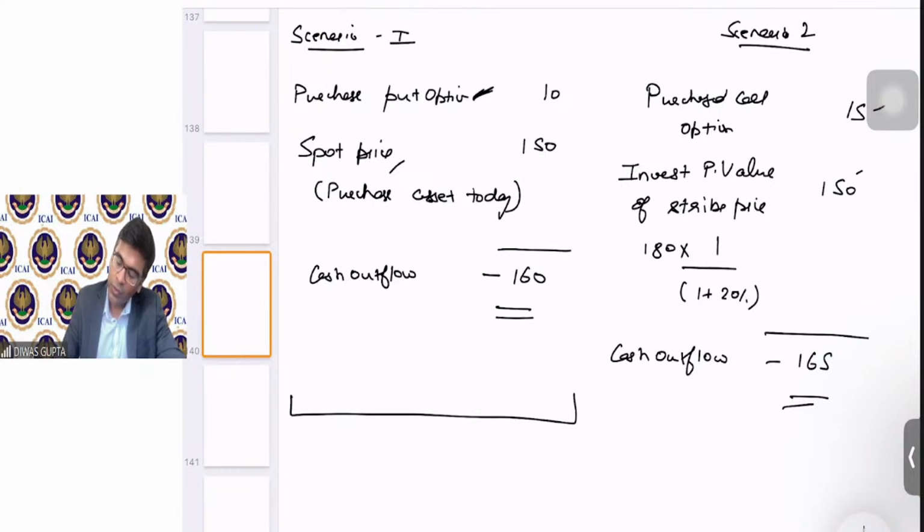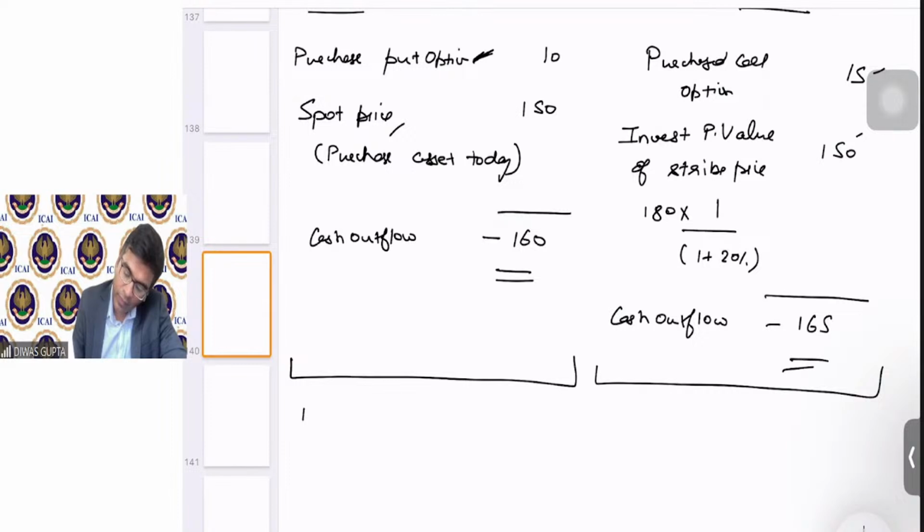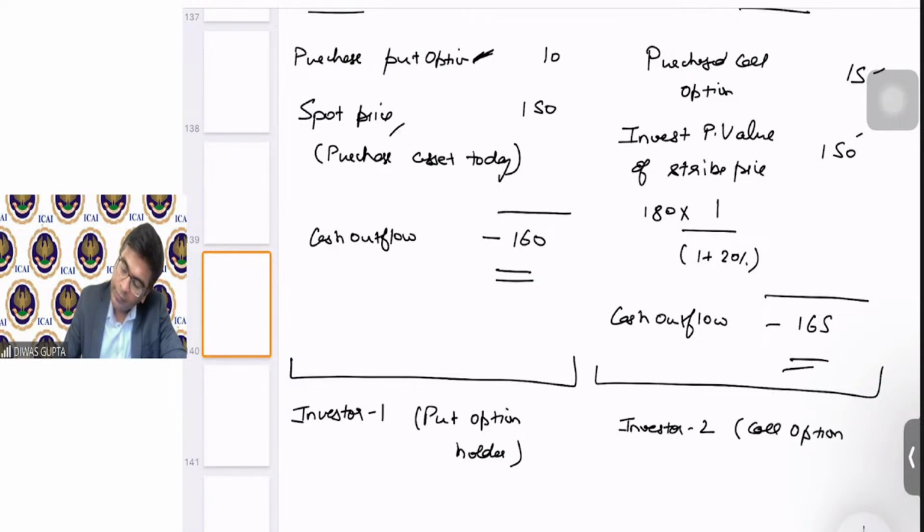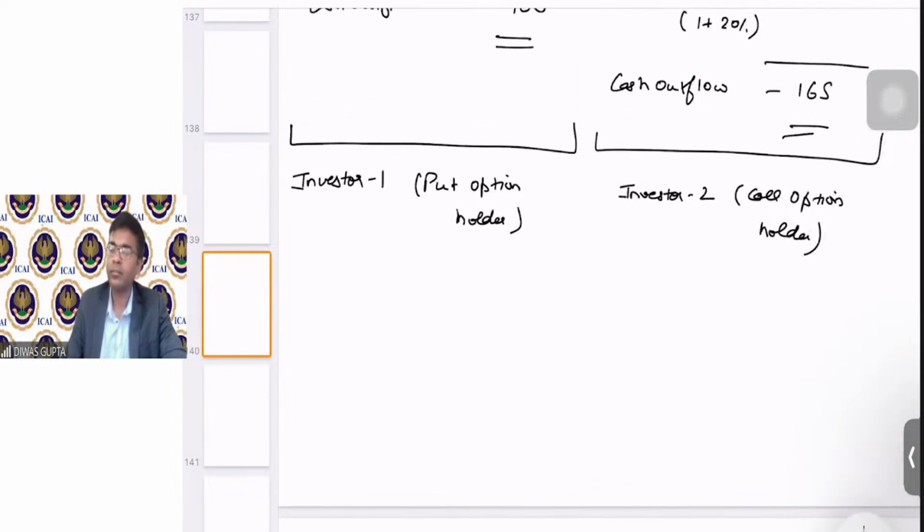So we have two scenarios. The first scenario is for investor one, who is a put option holder. This is for investor two, who is a call option holder. Investor one is a put option holder.